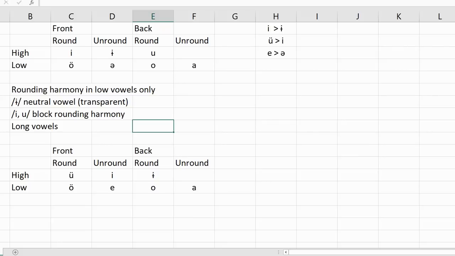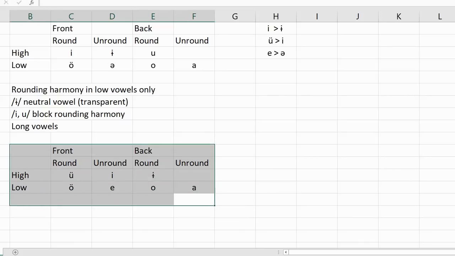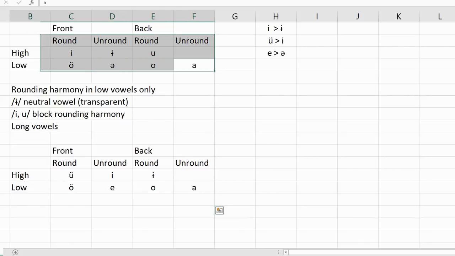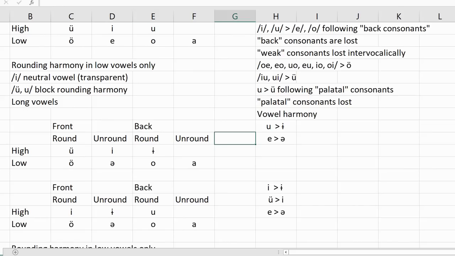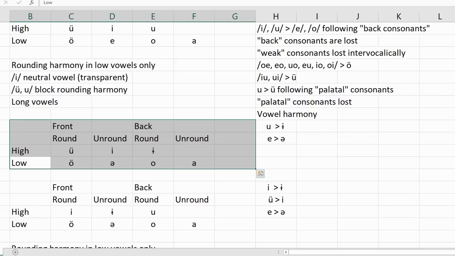Which do I like better? I think it does actually make more intuitive sense to me that u and its counterpart would be a front-back pair. I think I might actually go with this just because I do like this, but it's just that little bit too out there. But at the same time, I think I still might reduce it. Okay, I think for now I'm going to go with this.